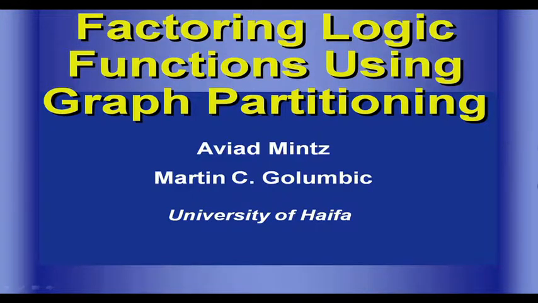Now, onto the factoring of logic functions using graph partitioning. So you'll remember that yesterday, as we talked about cographs, we said that was a special kind of Boolean function that we could recognize and factor quickly.